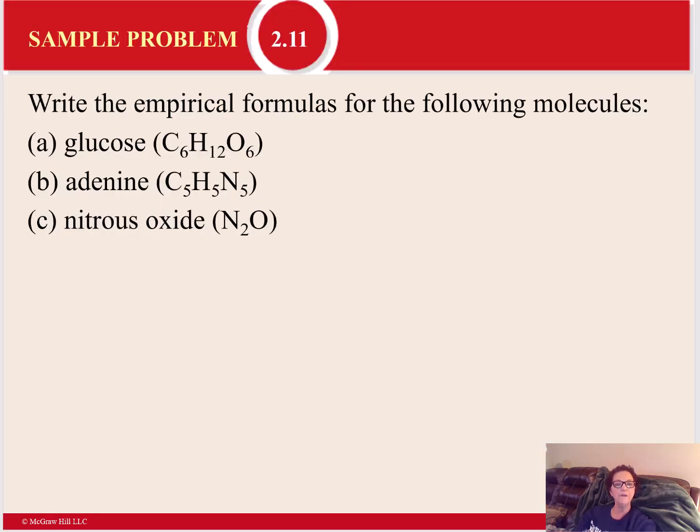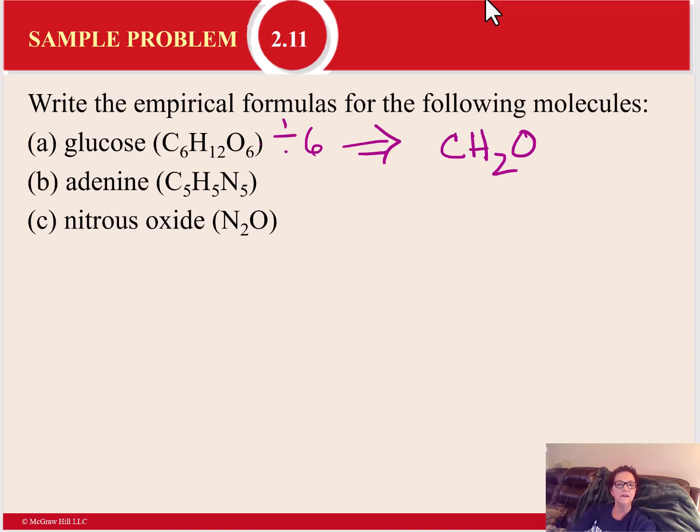So write the empirical formula for these molecules. So glucose, which is C6H12O6, we can divide those by 6. And so the empirical formula for glucose would be CH2O.